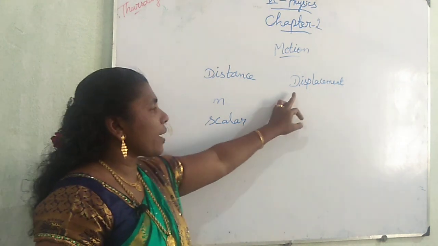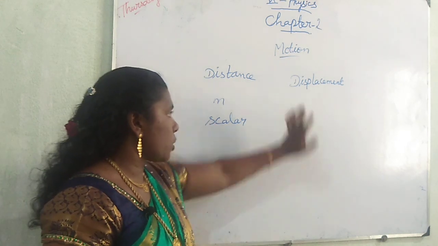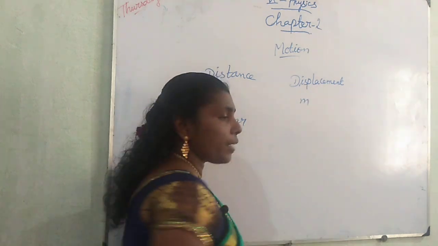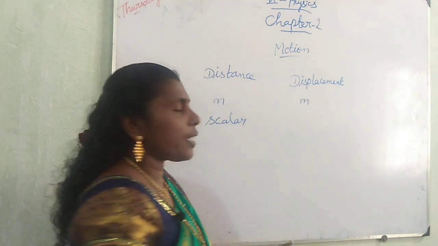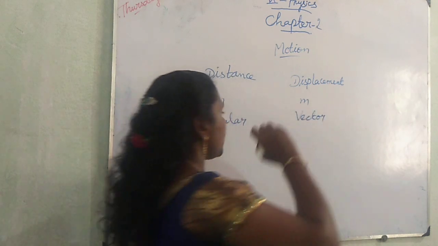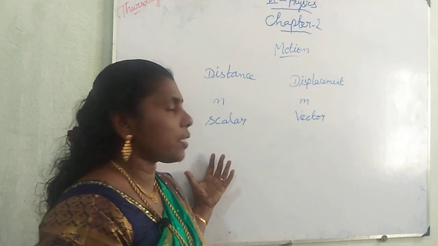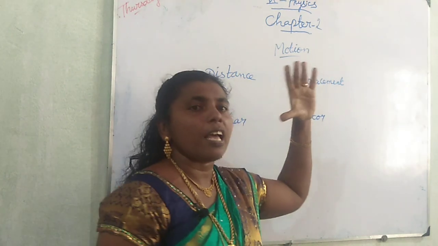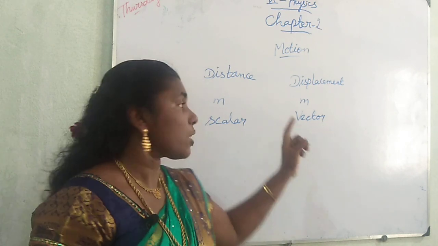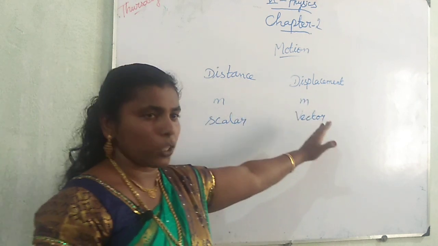So displacement has a certain direction. Direction is mentioned in displacement. What is the unit of displacement? Meter is the unit of displacement. And displacement is a vector quantity. Distance is a scalar quantity, we have learned, only magnitude is there. But displacement is a vector quantity, so magnitude and direction are mentioned here. What is the difference between distance and displacement?